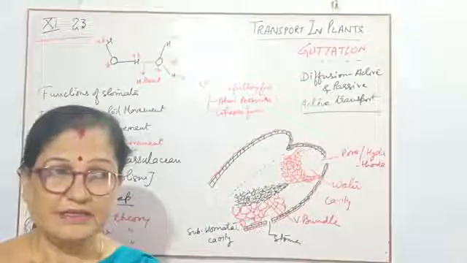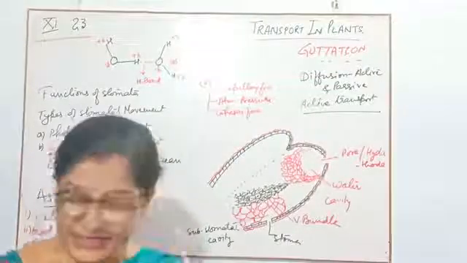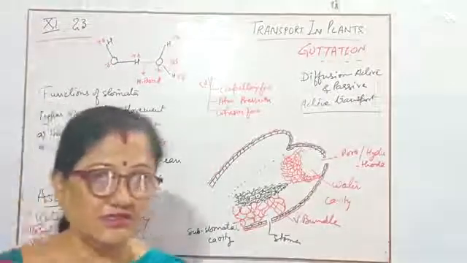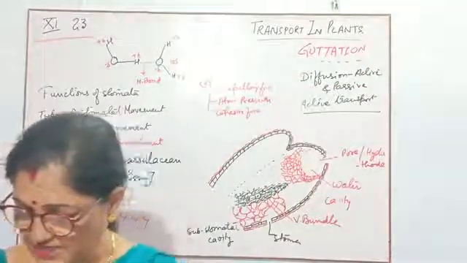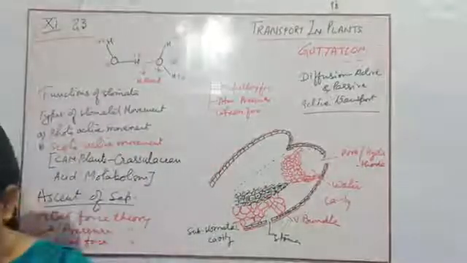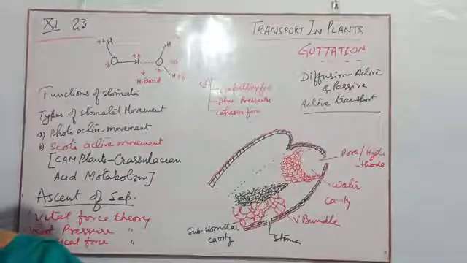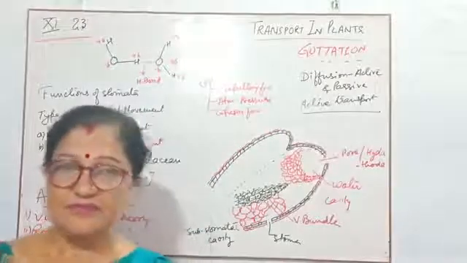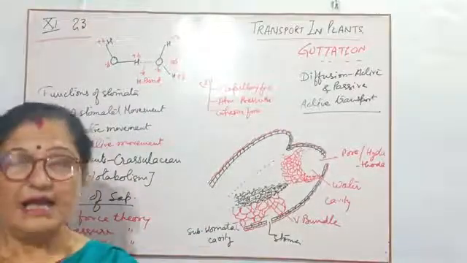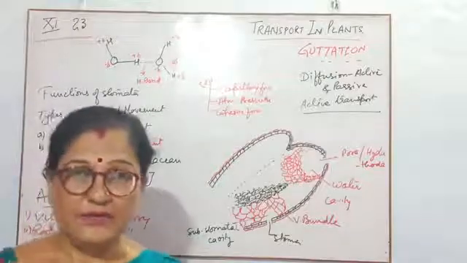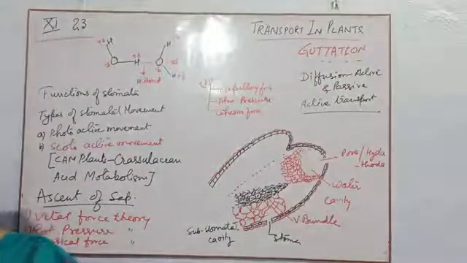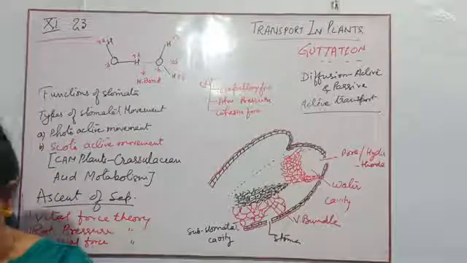And the second thing, they have to open their stomata for transpiration, that means to remove excess amount of water. So there are two main functions of the stomata, which help in photosynthesis and help in transpiration. These two are the main functions of the stomata.